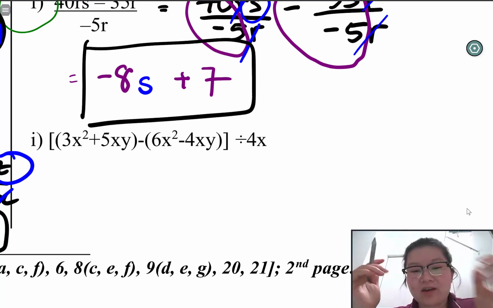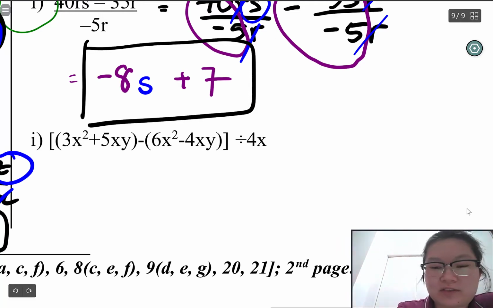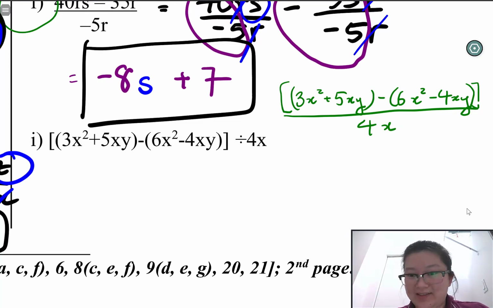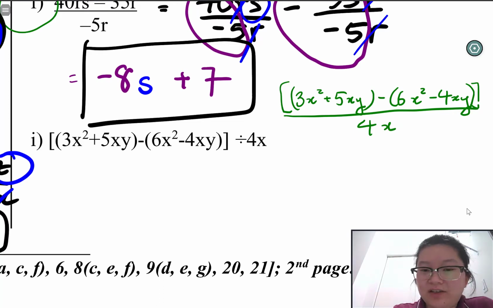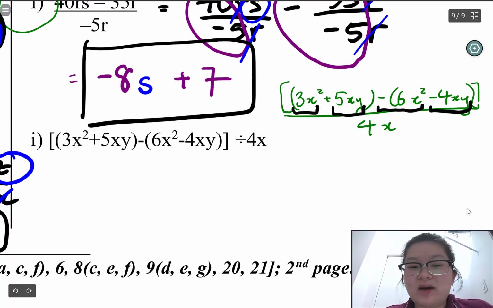the 4x? Because if we have to rewrite this out, I'm going to do it in green because green has a smaller pen tip. If I have to actually carry out this division, I have to divide 4 terms by 4x. But if we take a look at this carefully, notice that there are a few like terms inside this particular long polynomial inside my brackets.